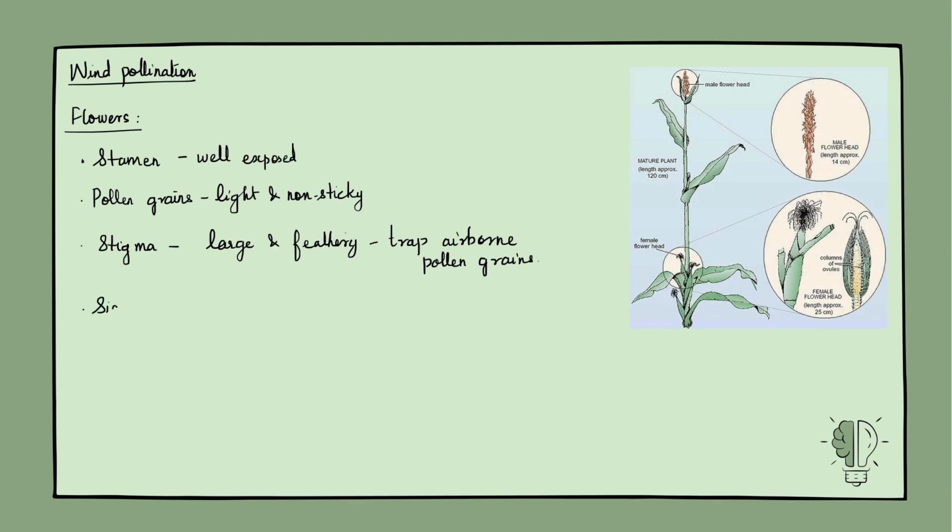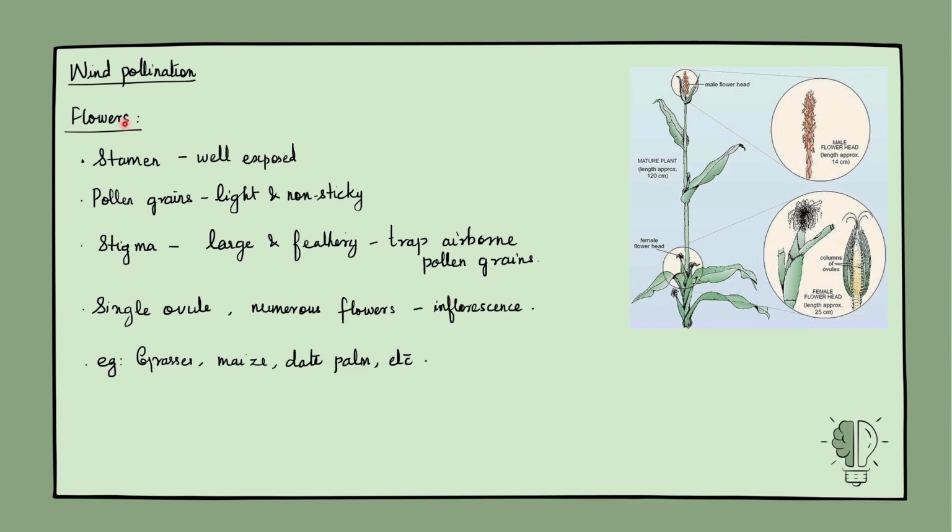They have a single ovule in the ovary, and also numerous flowers are packed into an inflorescence. All right. Now, examples of plants with wind-pollinated flowers include grasses, maize, date palm, etc.